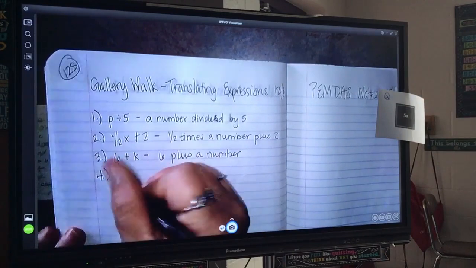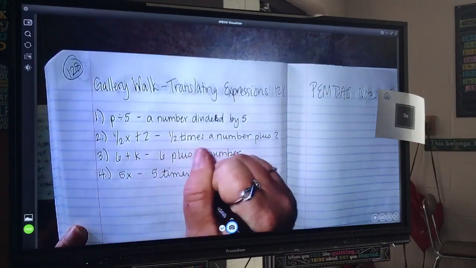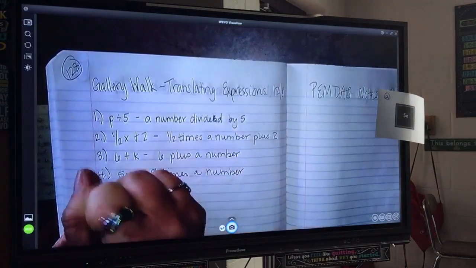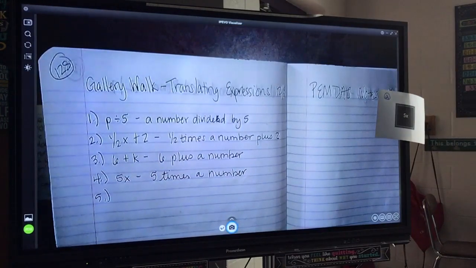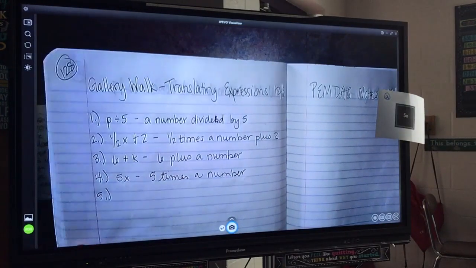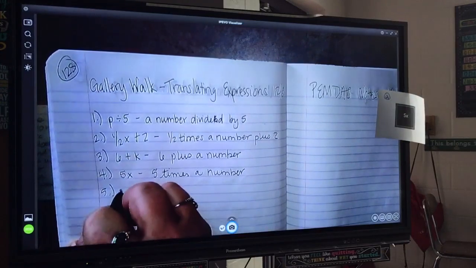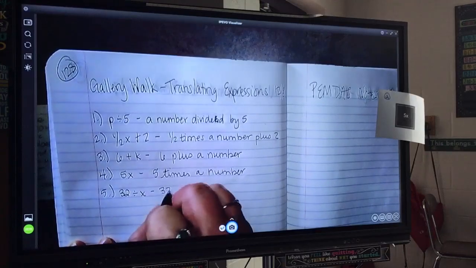Cooper? 5 times a number. Alright, number 5, I don't know what number 5 was. Caleb. It is 32 divided by x, and what I said was 32 divided by a number.